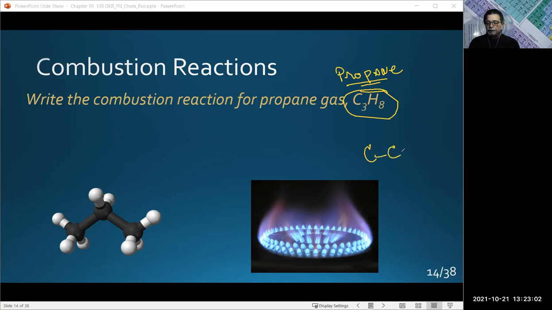Structurally, I'm just going to give you this for information purposes. It is 3 carbons that are bonded to each other, and then the hydrogens are all distributed around. So that's propane. If you have a lighter, flick your Bic, just add another carbon there, and you have butane.